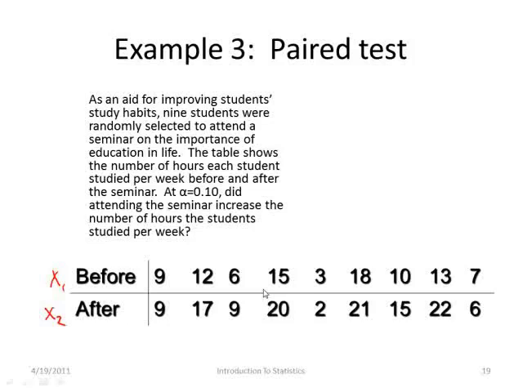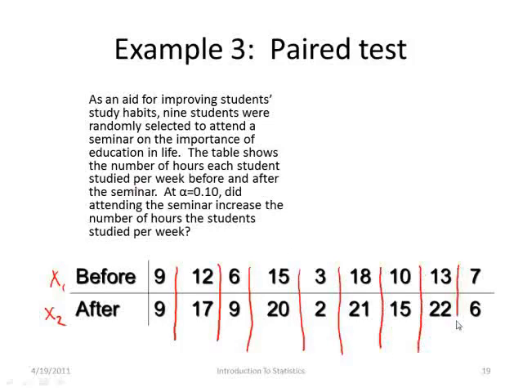So now I still want to continue working with this example and to kind of shed some light as to where we're going to be heading. So let's take a look at each one of these, and notice that we are asked if attending the seminar increases the number of hours that the student studied per week.